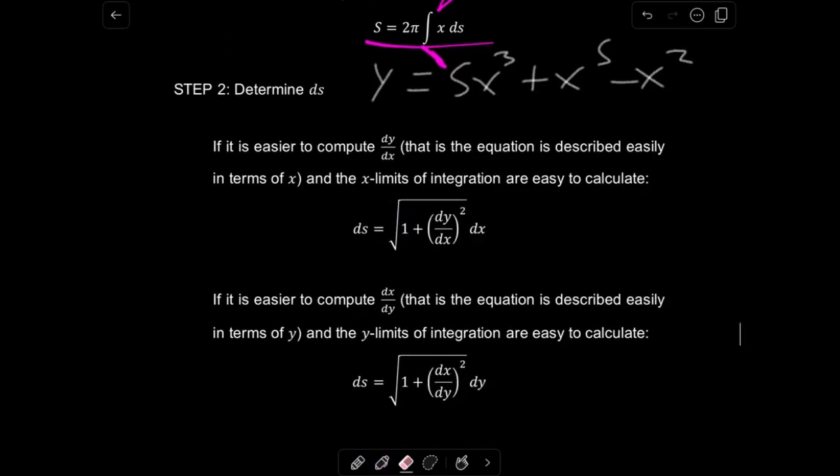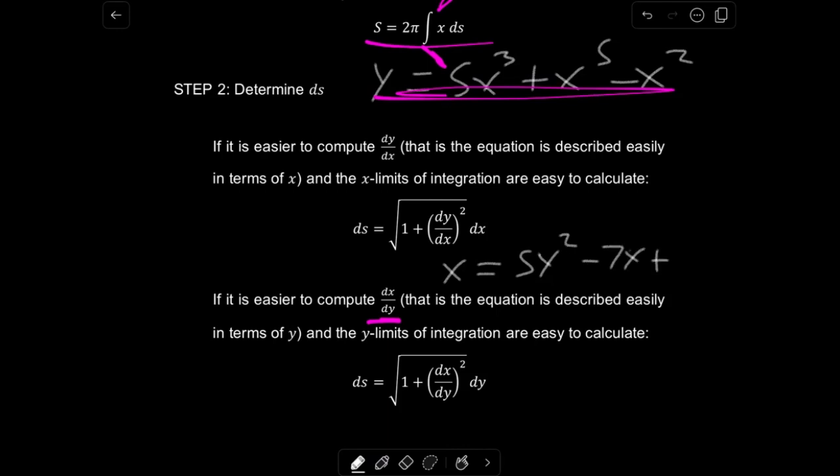Then the opposite: if it's easier to compute dx/dy, so here it's not easy to compute dx/dy, you'd need an equation that is x equal to 5y squared minus 7y plus 100y, and so on. And then it's easy to get dx/dy.